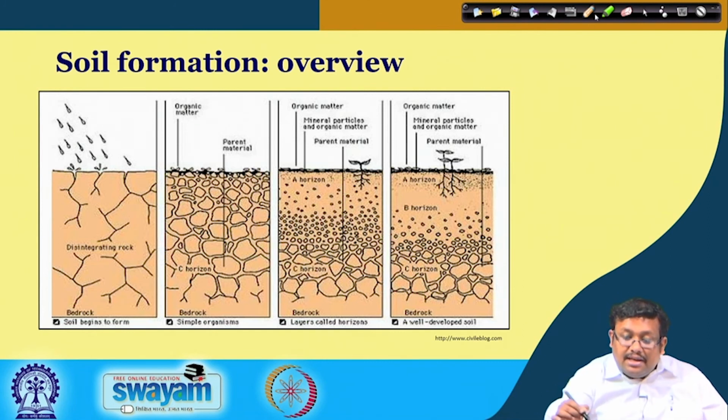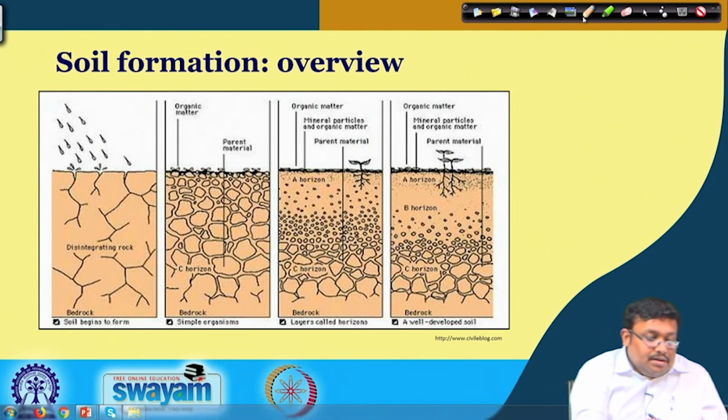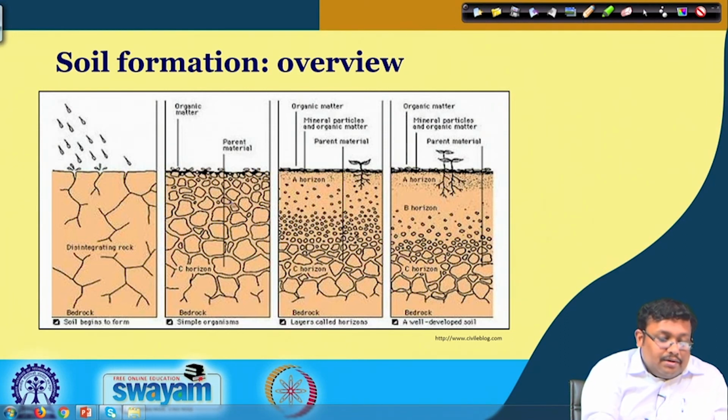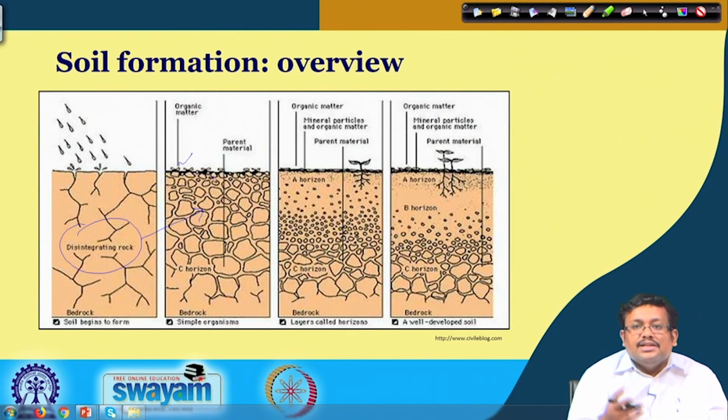As you can see here, the original parent bedrock, which is the disintegrating rock, breaks down into these smaller fragments, and these smaller fragments we call parent material. Now, once this parent material is formed, obviously there is some organic matter deposition at the surface because of fresh litter fall as well as decaying plants and animal bodies. So, it creates a layer at the surface.